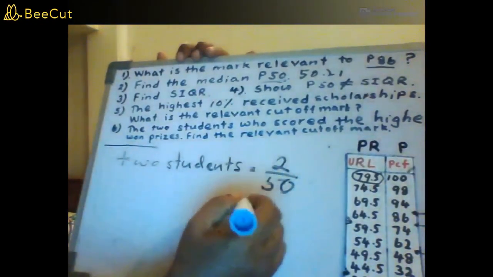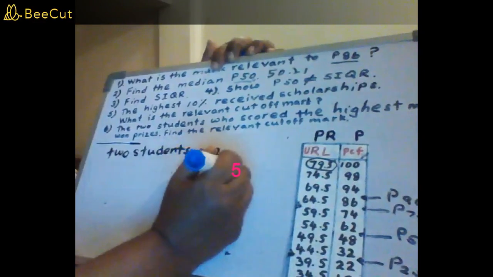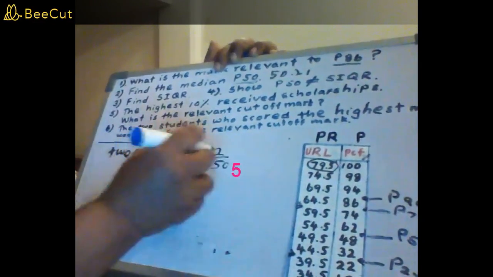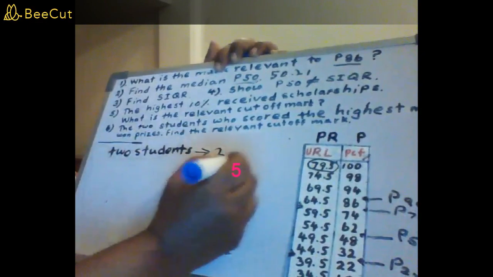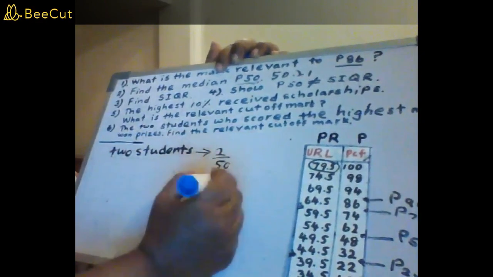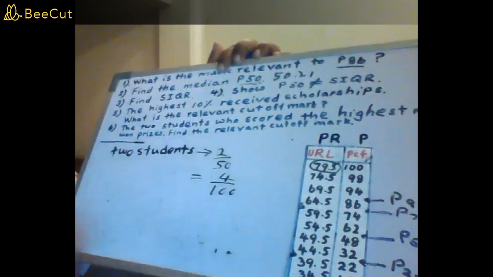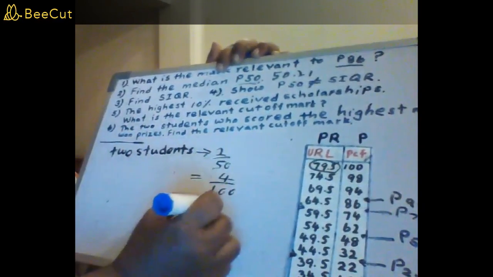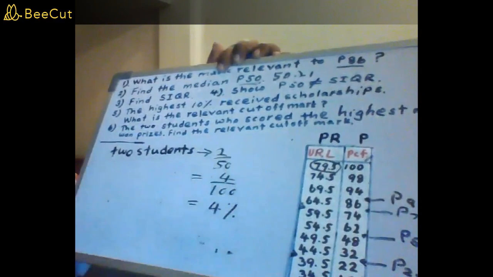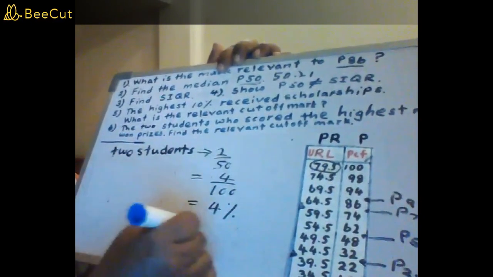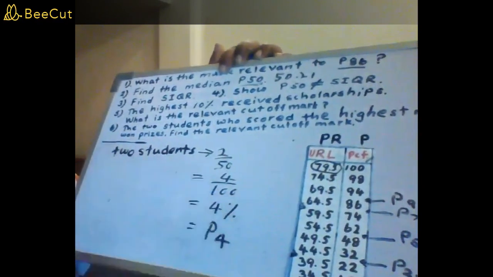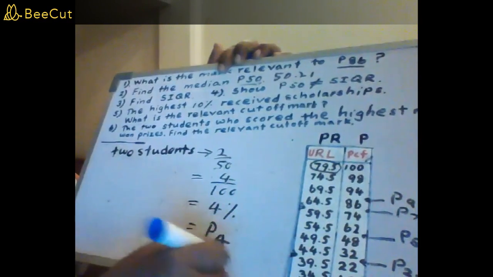So you have to take it as a percentage now. Two students out of 50. So out of 100, it's 4. So it is 4%. 4% means P4. That's what we'll have to find.